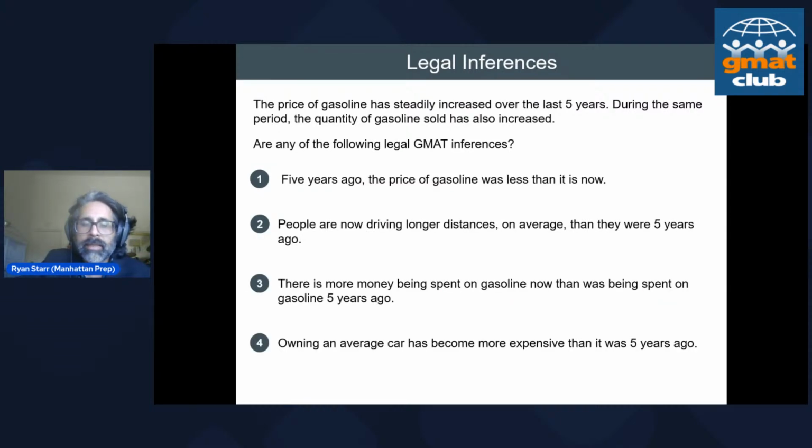This time you can select more than one. And again, this is not the way it'll be on the test. This is just the exercise to get to know the different inference styles. There's a new style of inference on this slide.